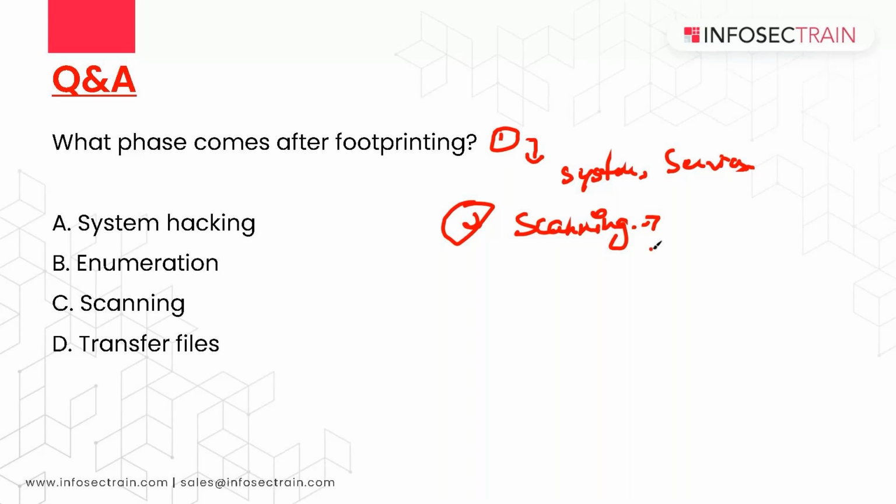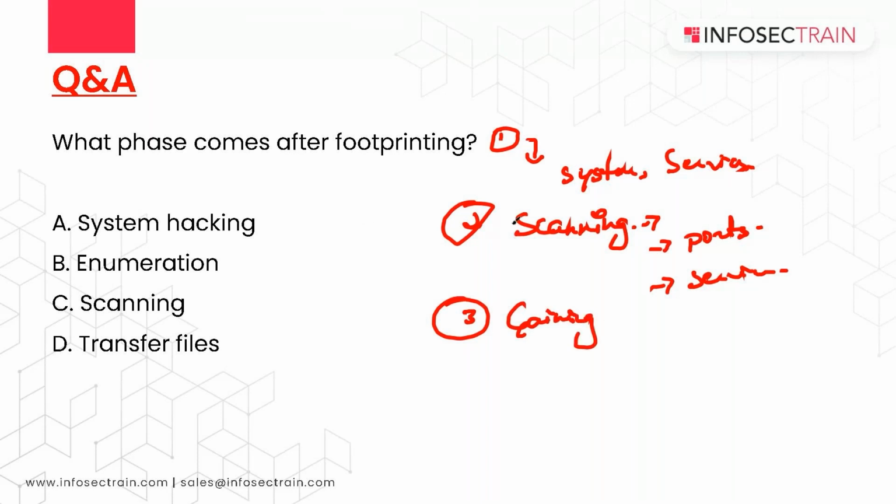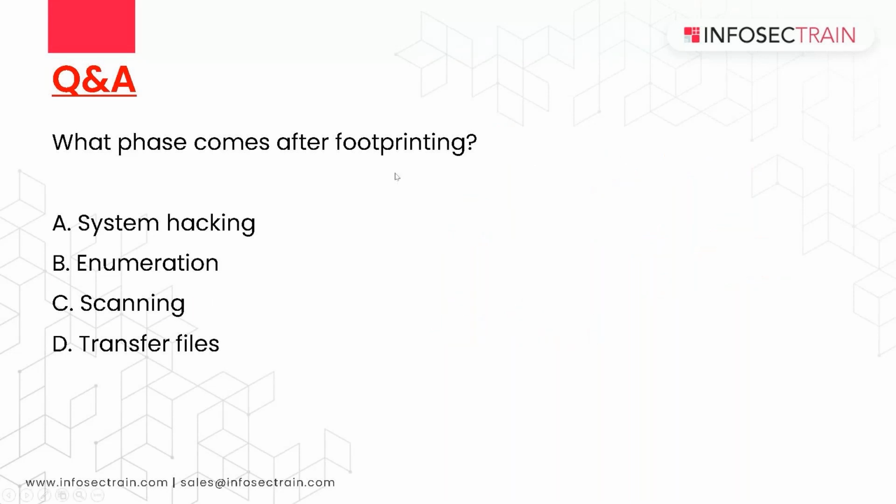Then after this, we will be trying to gather the information about the ports that are running inside the victim system. We will be trying to gather the information about the vulnerable services also. So that is what we are having in scanning, right? After the scanning, we are having gaining access, right? So the correct answer we are having is option C, scanning.